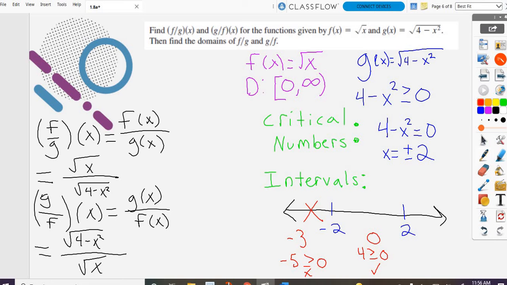If I want to include all of the stuff in between negative 2 and 2, what do we do for that part? I can't just do a closed circle because I want to include all of that. So how do I show all of that as a part of my answer? Shade it in.